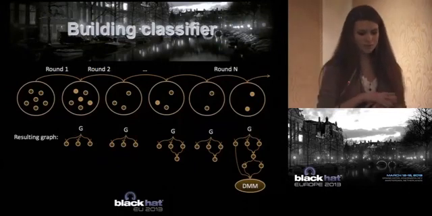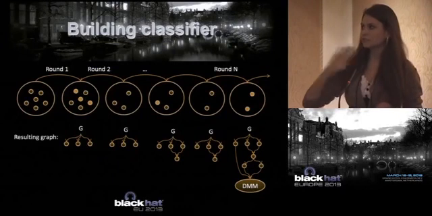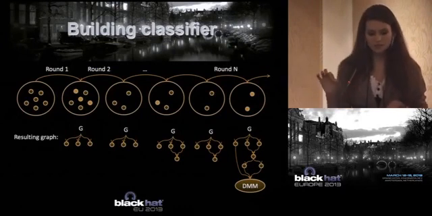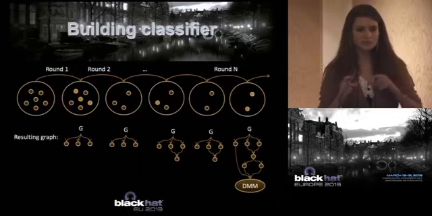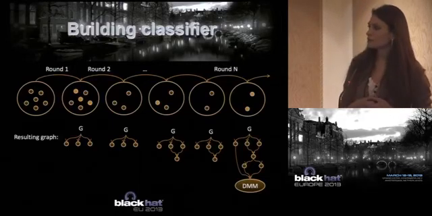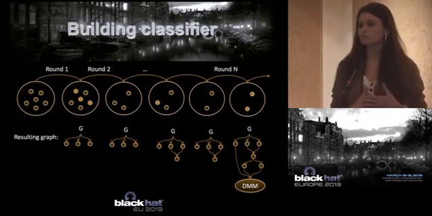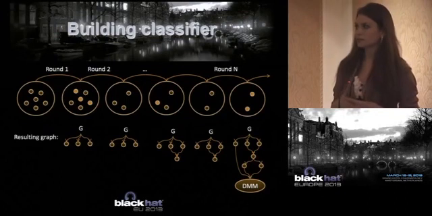How are we building such a classifier? We are given the entire set of elementary classifiers. On every step, we choose some combination of elementary classifiers from it and say that it will be the next level of our hybrid classifier.